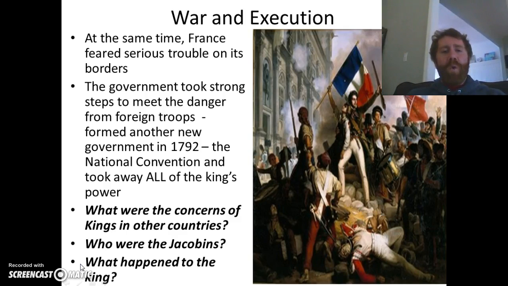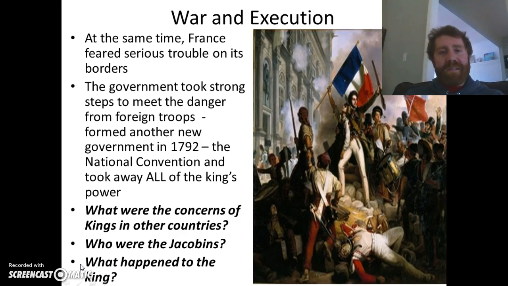And then things started to get even worse. In September of 1792, rumors once again started to swirl around Paris that royal supporters of the king who had been imprisoned were planning a prison outbreak and would restore Louis XVI as absolute monarch of France.